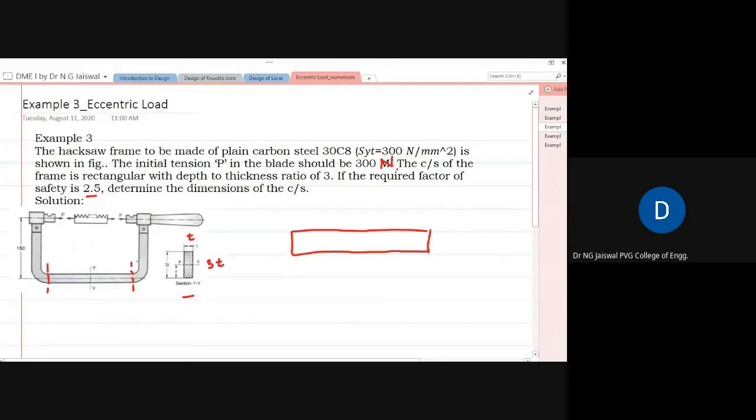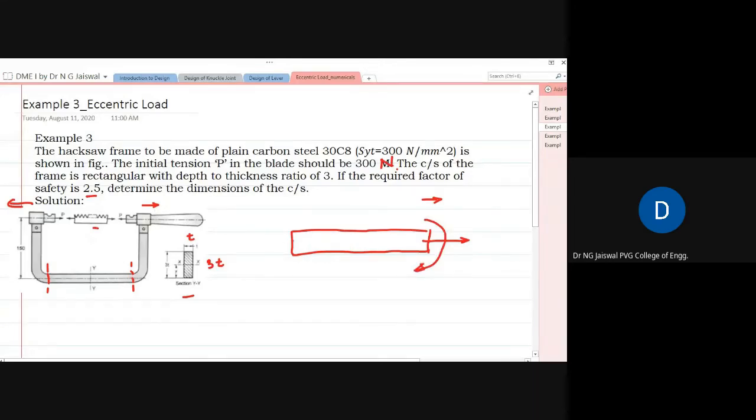But if you want to induce some tension into this blade, what do you do? You have to literally move the frame in this direction. Then only it will induce some tension in the blade. That is why the precise direction is this direction. With respect to this, if you now transfer the force from this to this, it will be along with this type of moment.